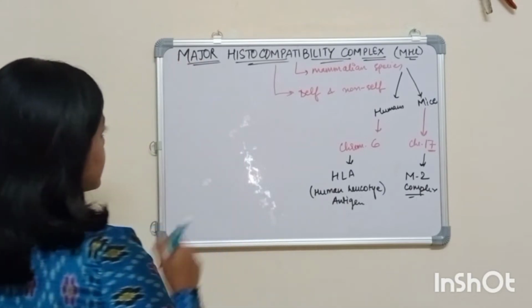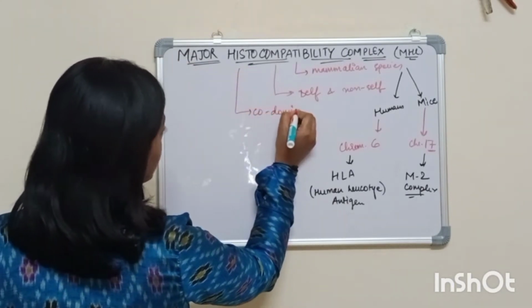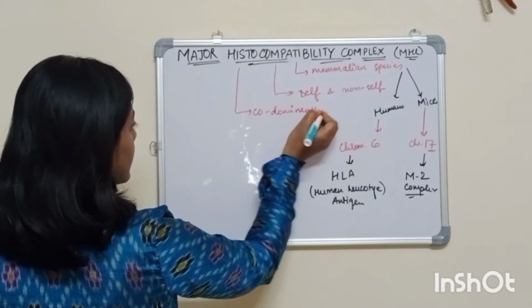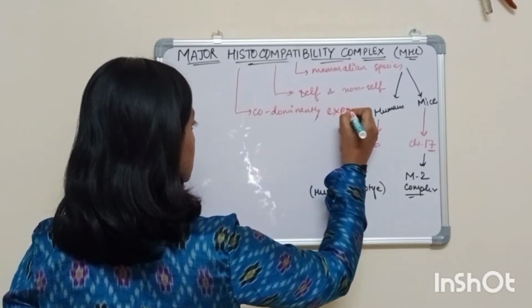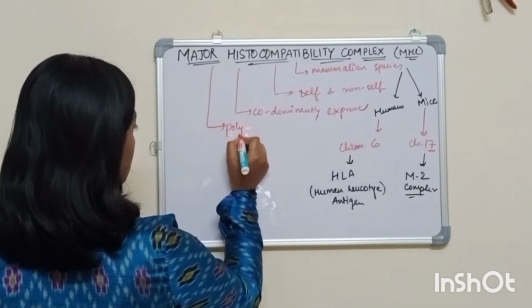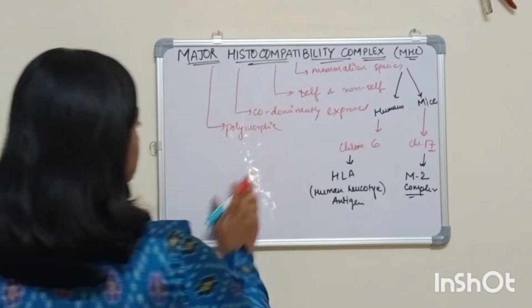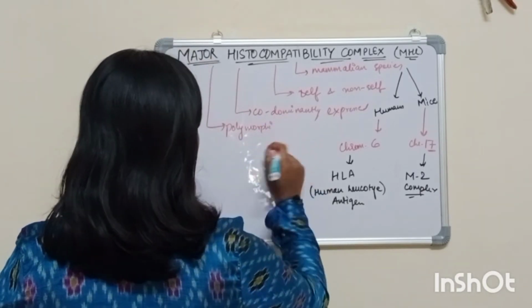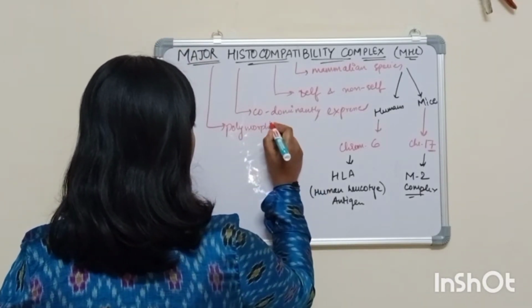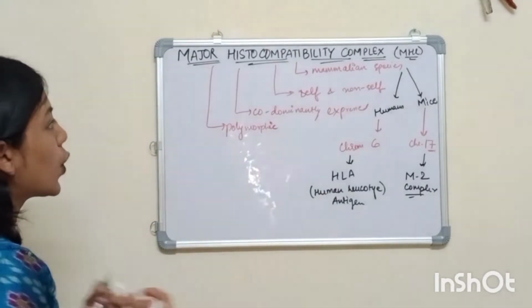Now MHC is codominantly expressed. It is polymorphic, that is, there are various alternative forms of the same gene.